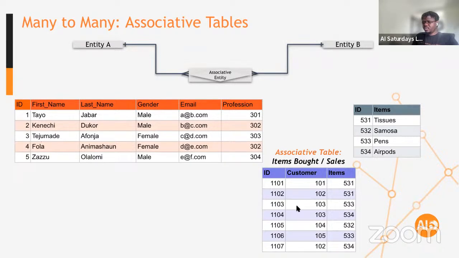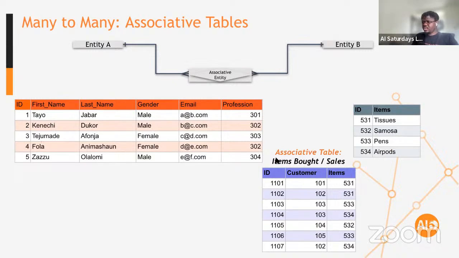Same thing here. We're seeing customer 103 buying 533, which is pens. Same customer 103 buying 534, which is airports. What that tells us is customer 103 has bought two items here. Next is 104 buying 532, then 105 buying the same item 533, and then customer 102 coming back to buy airports again.